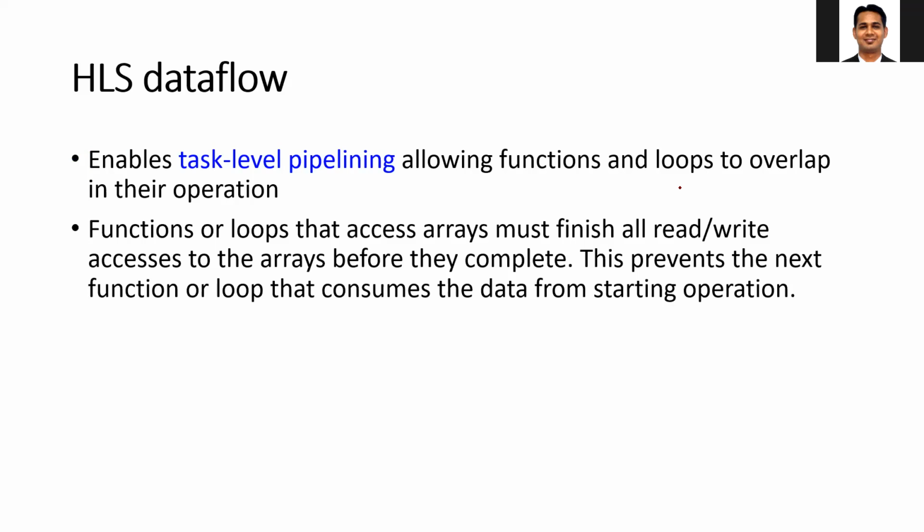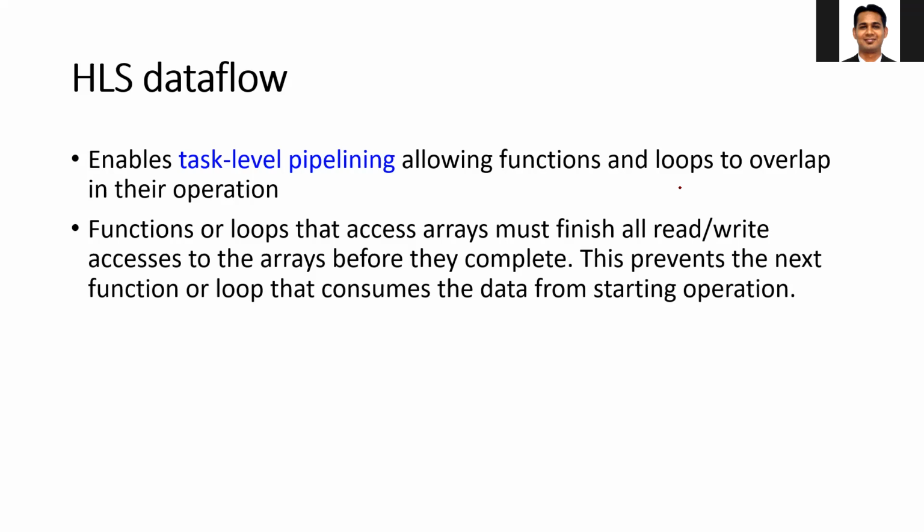The functions or loops that access the arrays must finish all the read and write accesses to the array before they complete. This prevents the next function or loop that consumes the data from starting its operation.